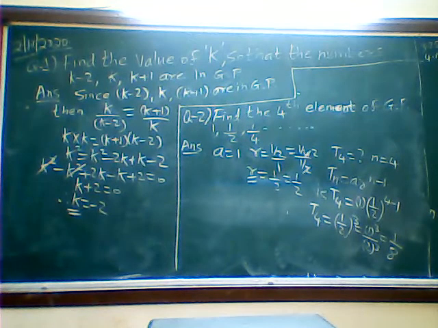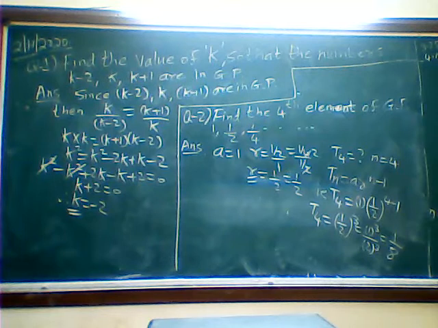Find the fourth element of the GP 1, 1 upon 2, 1 upon 4. Answer: the first element A is 1. R is the common ratio we have found: half divided by 1 is equal to 1 upon 4 divided by half, again 1 upon 2. Then T4 is asked, so n is equal to 4.